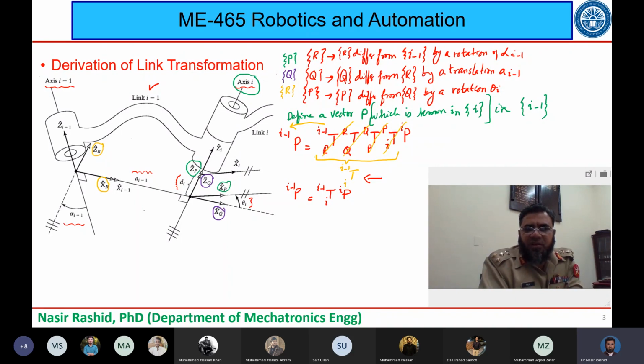Then this is the transformation between Q and R, the translation between Q and R, and then between P and Q, this is the offset, and between P and I, this is the rotation and offset, theta I and di.